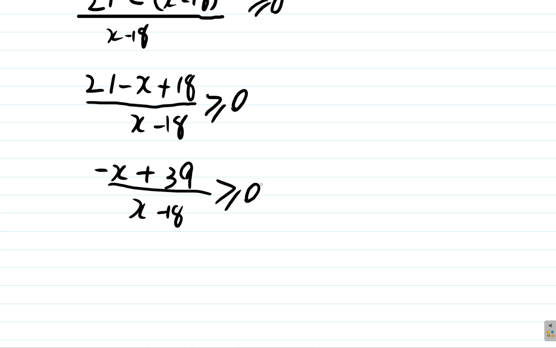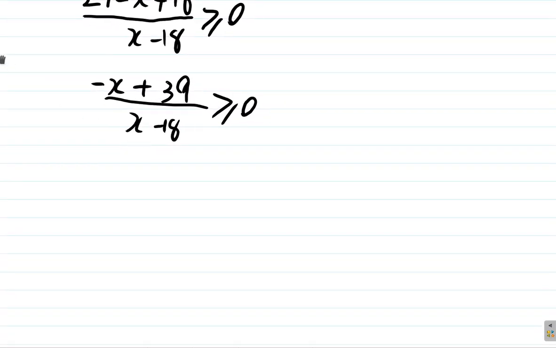Now the thing is this. Since the answer that you get is greater than or equal to 0, which means that the answer you get when you divide these is positive. It's either 0 or a positive number, right? Now, what happens is this.